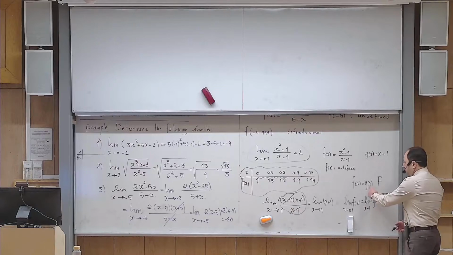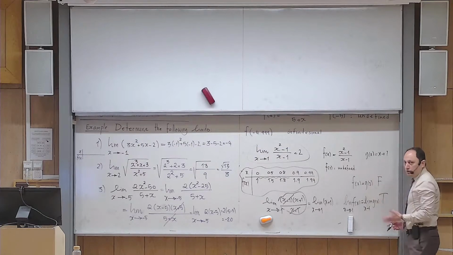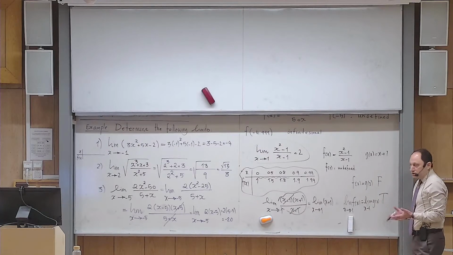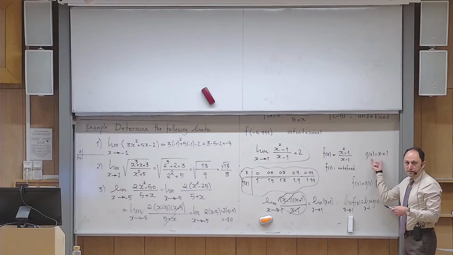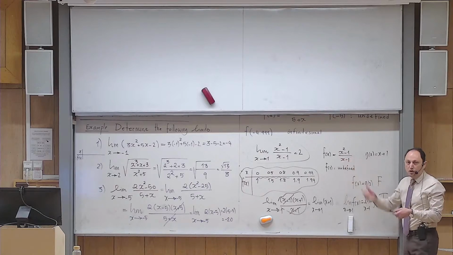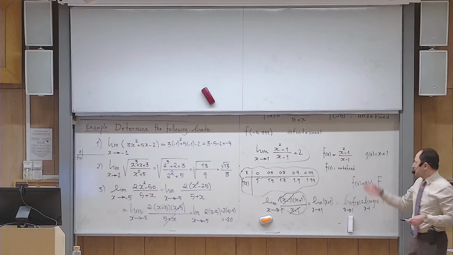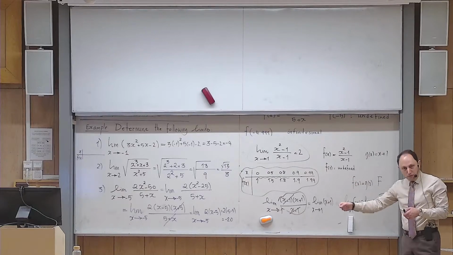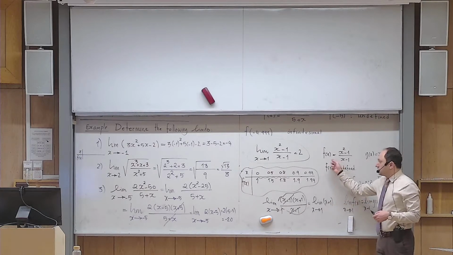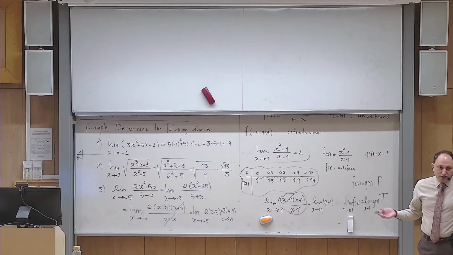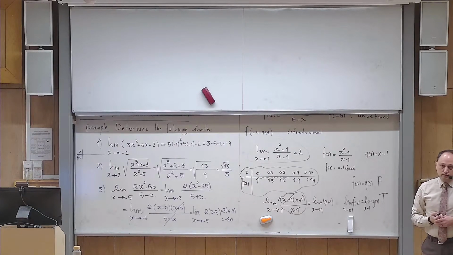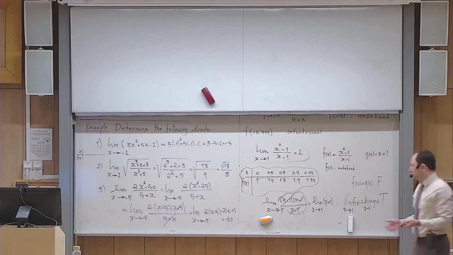Because the only problem that happens is when x is equal to 1. If x is not equal to 1, the values of the function g and the values of the function f are identical. So if this is getting close to a number, the values of g are also getting close to the same number if x is not equal to 1. Is that clear?